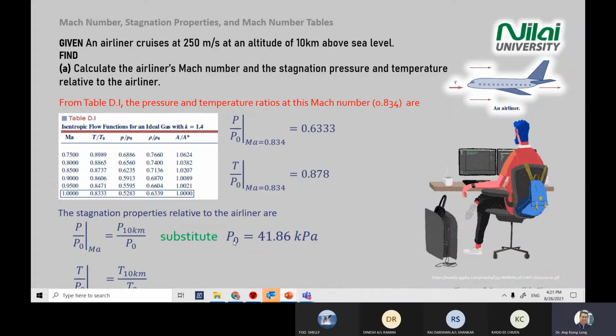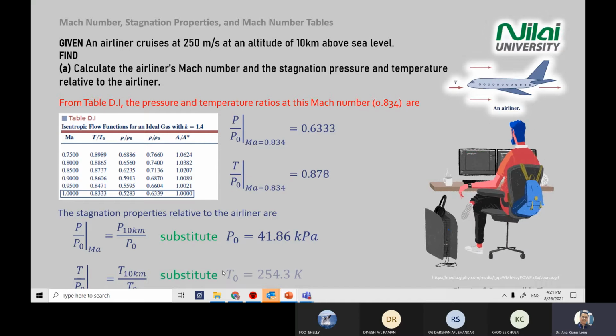You substitute, and you get stagnation pressure P0 equal to 41.86 kilopascal. The stagnation temperature you can also find from this equation. There's a typo over here; it's not P, it's T. So you have 200 something Kelvin.